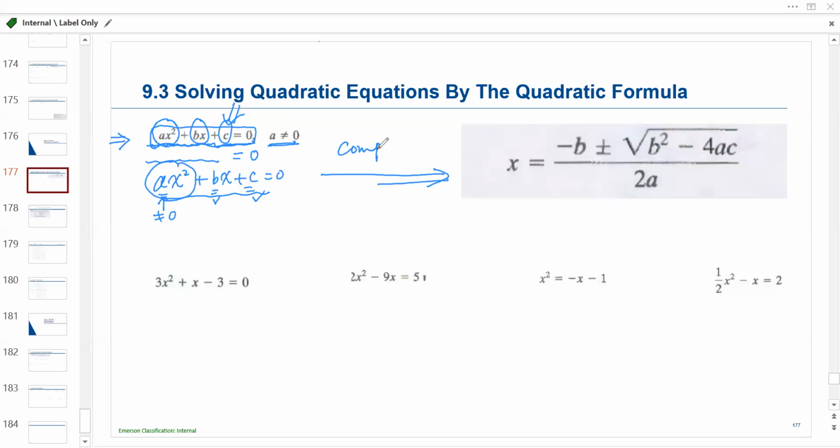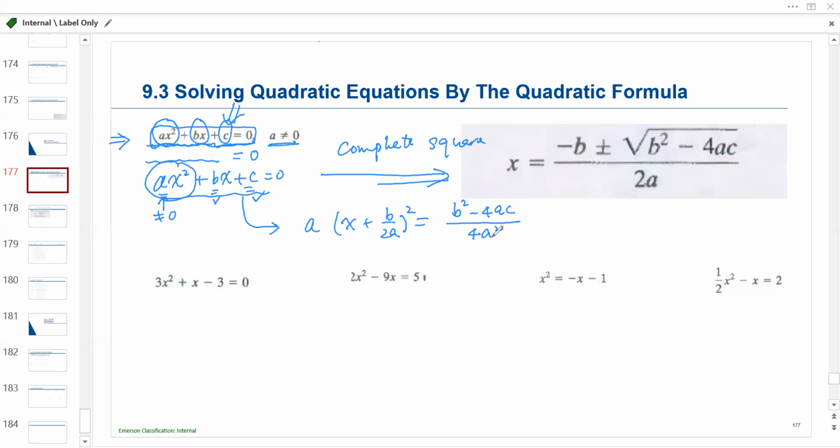Last week we completed the square, right? All these formats can be transferred into what? A times x minus, b over 2a, plus square, equals something, actually b squared minus 4ac over 4a.